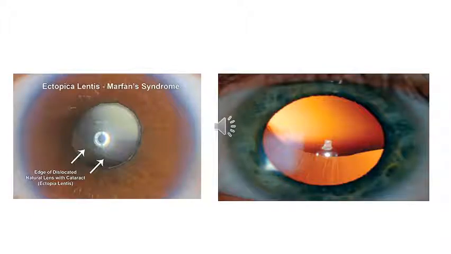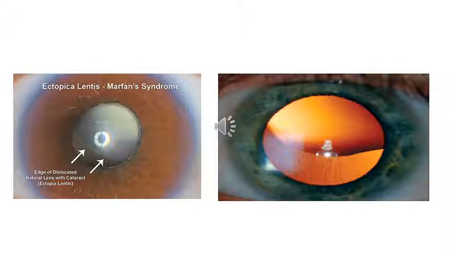This image refers to ectopia lentis. We see the first image in Marfan syndrome, where the edge of the dislocated natural lens is visible. Of course, here the lens is also opacified, cataractous, and we see the edge of the lens.